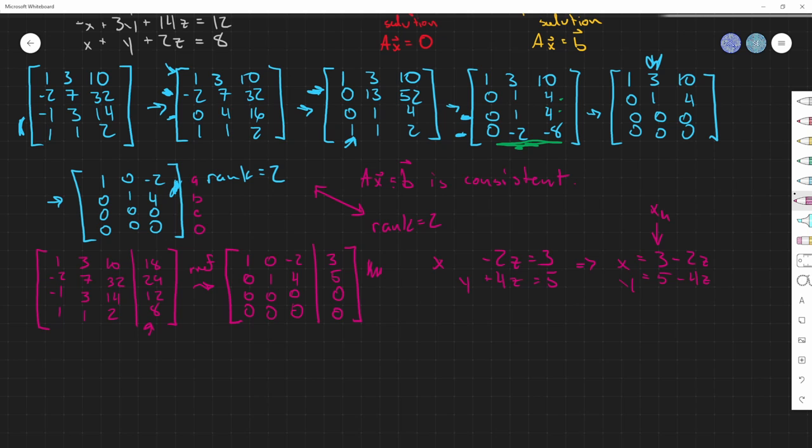And so now we're gonna let t equal z. So we're gonna have our solution be x, y, z, which is equal to 3, 5, 0 plus, why did I put t?